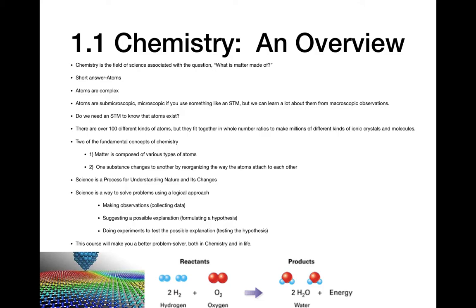Then our hypothesis is tested through various experiments to see if the hypothesis stands up to the tests that we make in our experiments, in our research. So we research our hypotheses by testing them in the laboratory or in the real world, and then if those tests continue to come back with the expected results, then we begin to trust our hypothesis. So we call that testing the hypothesis.